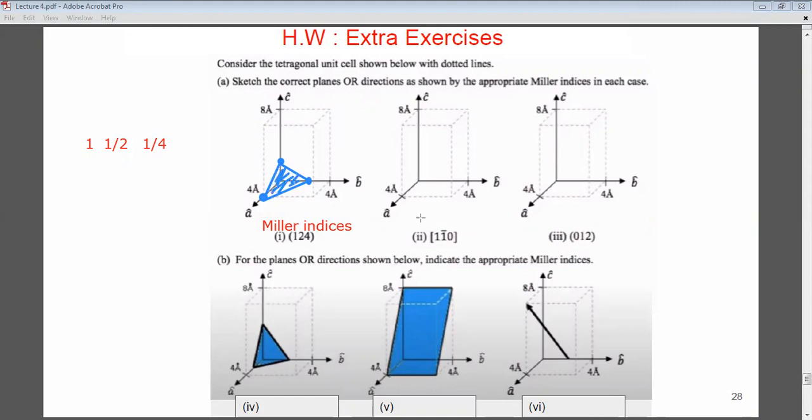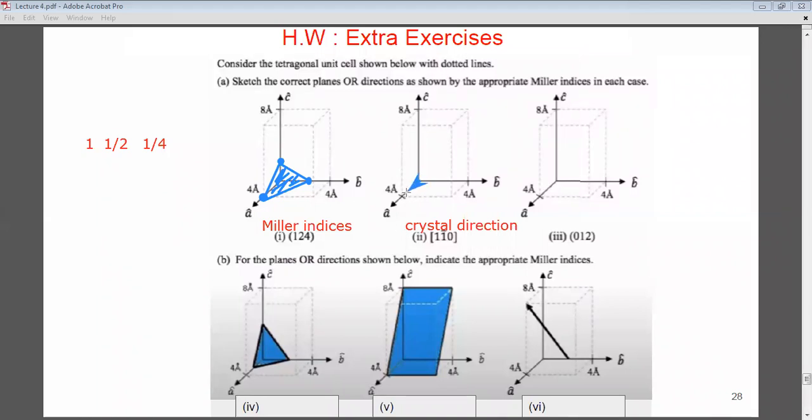I do the same thing here in the next case. Here is [1 bar 1 0]. This is not Miller indices. This is the crystal direction. So how do we go to [1 bar 1 0]?